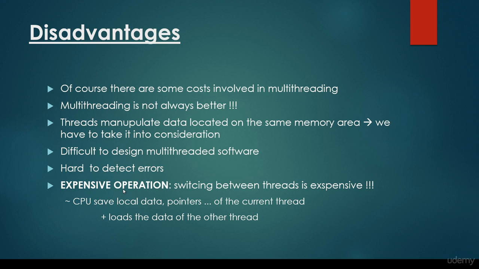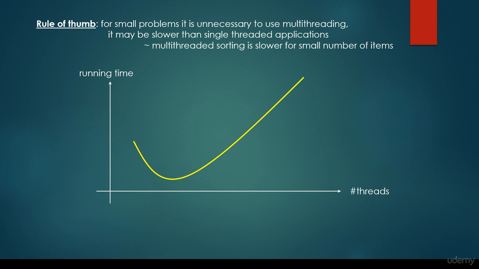Using as many threads as possible is going to lead to a very slow application and a very slow algorithm in the main. A good rule of thumb is that for small problems it is unnecessary to use multithreading because it may be slower than single-threaded applications. For example, multithreaded sorting is slower for a small number of items.